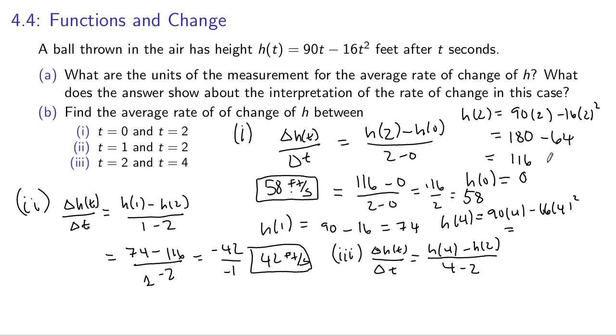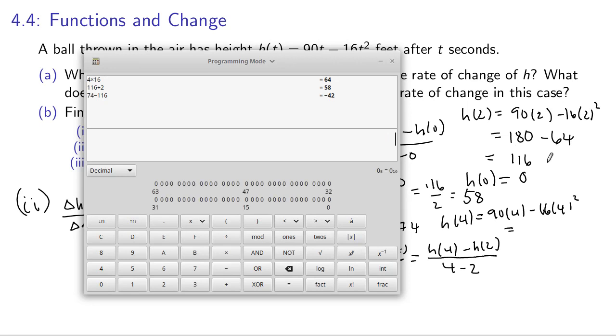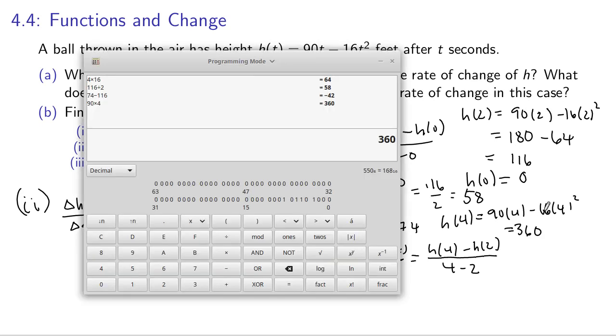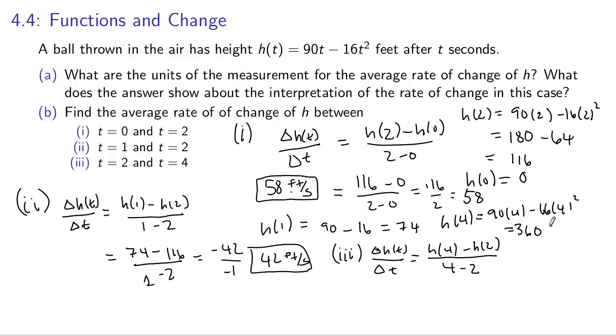So we have 90 times 4, 360. And we have 16 times 16, 256. So minus 256.